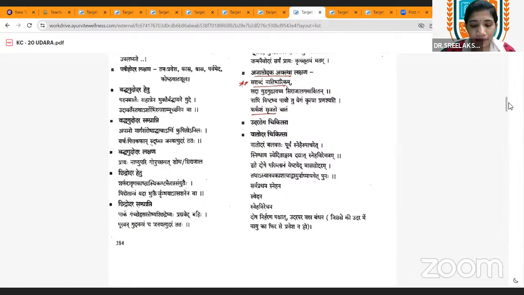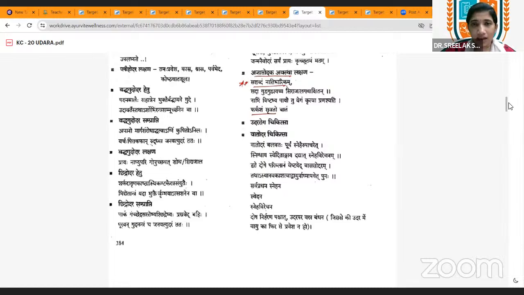And next, Takra Prayoga is also mentioned, mainly in Takram Vata Kaphayoh. So if the Udara Rogi is complaining of Gaurava, Arochaka, Mandagni and Atisara, in that case we can advise Takra. Okay.